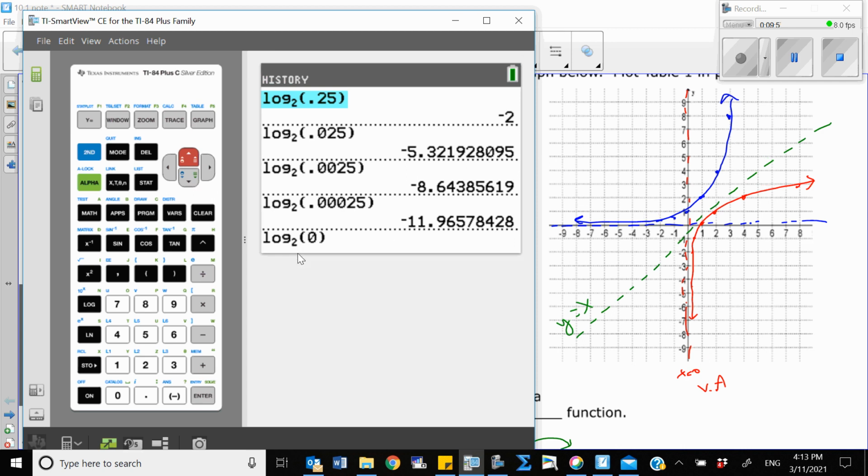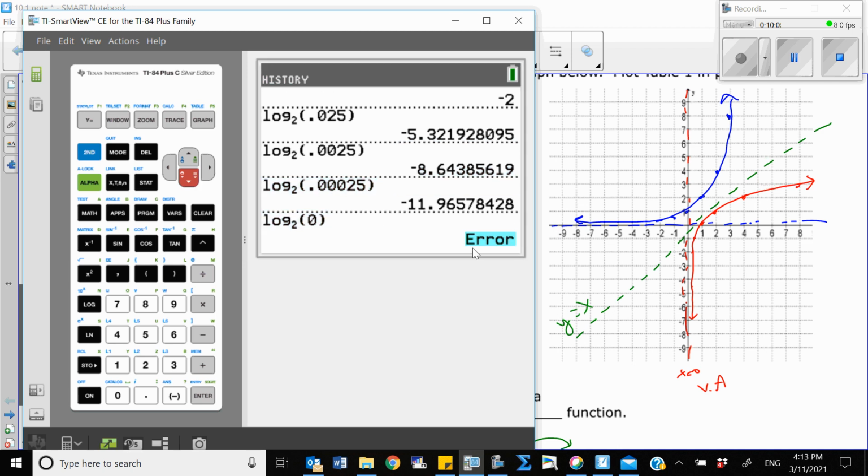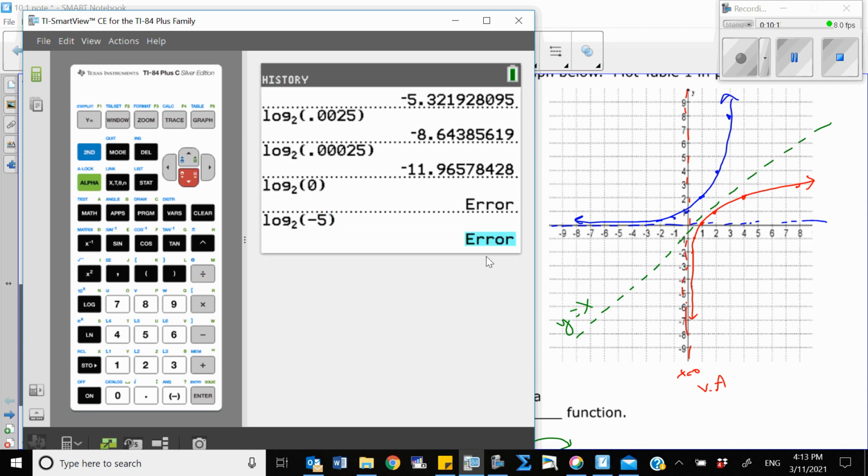But let's see what happens if I find log base 2 of 0. I'm going to get an error. That means for x equal to 0, log is not defined. Even if I put a negative value for x, log base 2 of -5, that's also an error. That means for negative x values, my function is not defined.